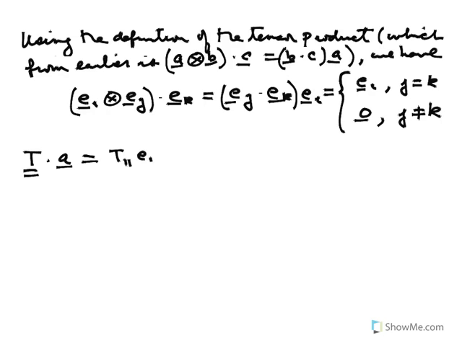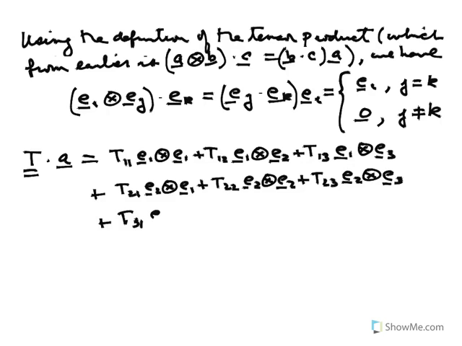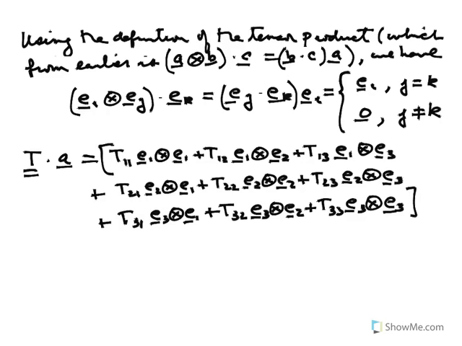We've got T11 E1 circle cross E1, plus T12 E1 circle cross E2, plus T13 E1 circle cross E3, plus T21 E2 circle cross E1, plus T22 E2 circle cross E2, plus T23 E2 circle cross E3, plus T31 E3 circle cross E1, plus T32 E3 circle cross E2, and then plus T33 E3 circle cross E3, and then this whole thing is operated on A1 E1 plus A2 E2 plus A3 E3.